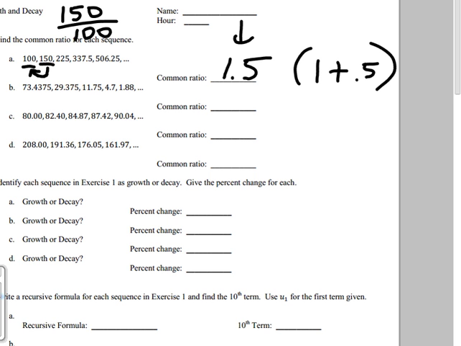See, this way is better because it will keep you from thinking it's 150% growth. It's only 50% growth. That's still a lot of growth. If you have 50% growth on your money, that would be fantastic. Unfortunately, lately in our country, it's like how much percent of debt we're going into.